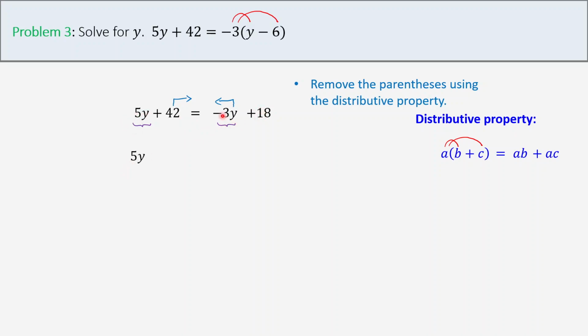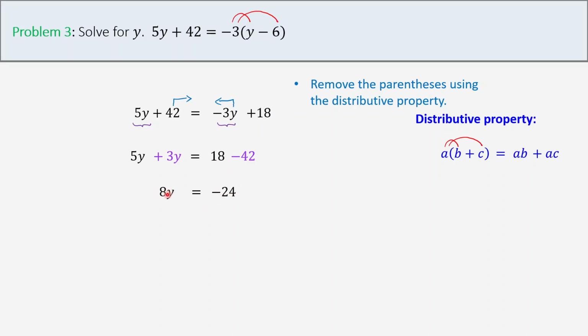5y. This is negative 3y, so you need to add positive 3y. Because if you move a term from one side to the other, you need to change the sign. Is equal to 18. This is positive 42, so you need to add negative 42. 5y plus 3y is 8y, equal to 18 minus 42, which is negative 24.